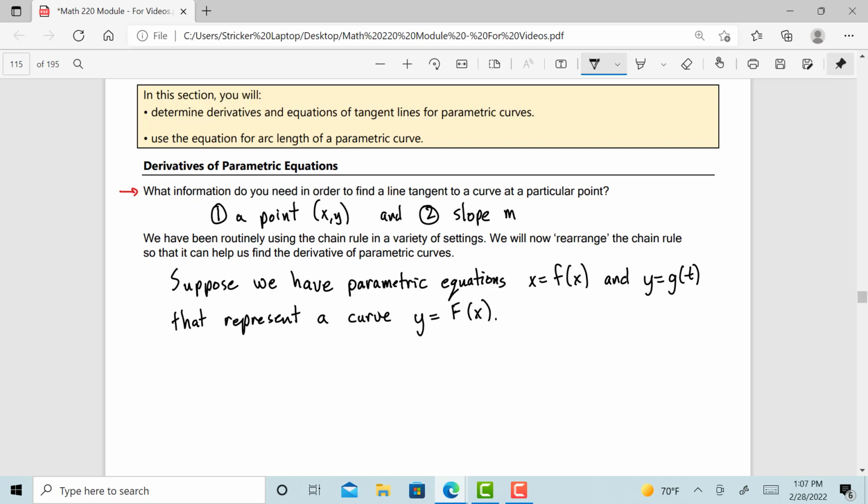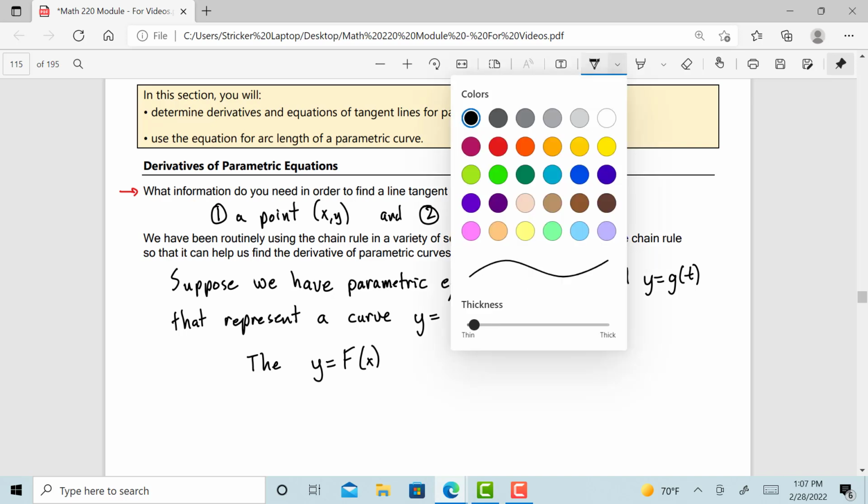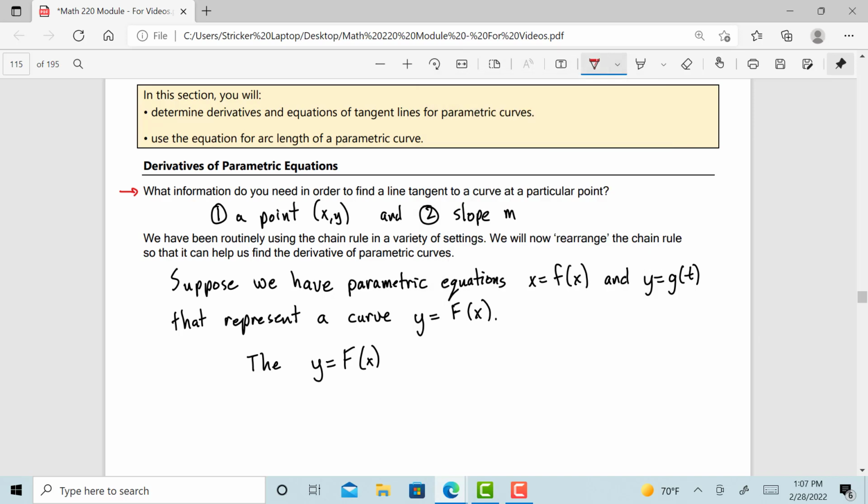If that's the case, then we can take that y equals big F of x and substitute in the parametric equations, x equals f of t and y equals g of t.